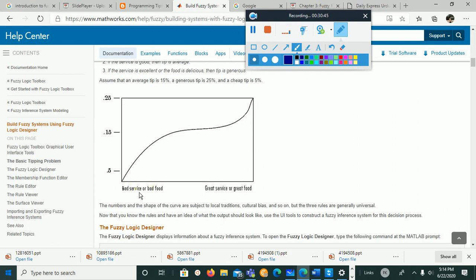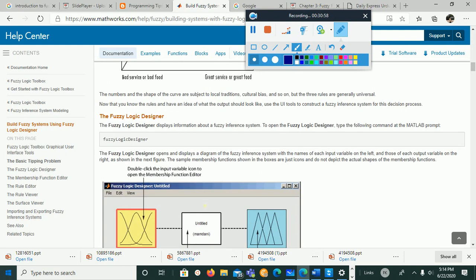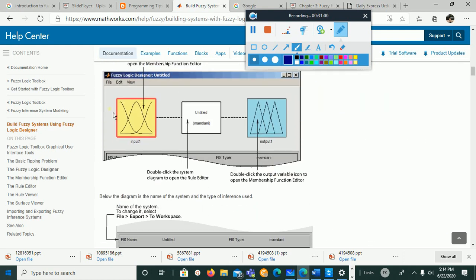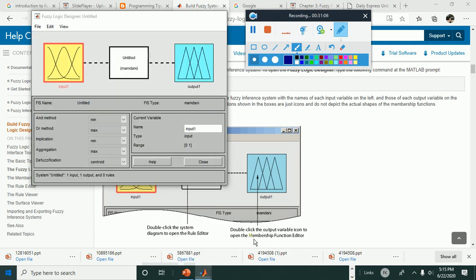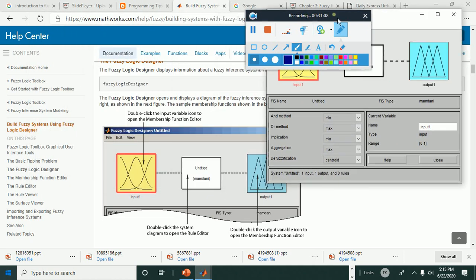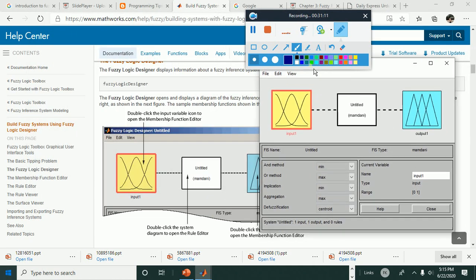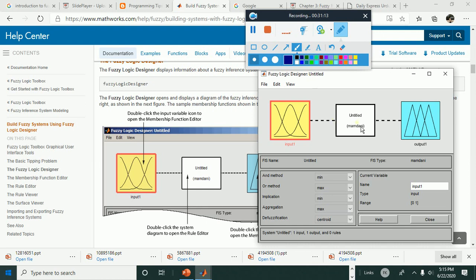So this will be the tip, let's suppose from 0.05 to 0.25. Now we will go to MATLAB. We have got this function, Mamdani.